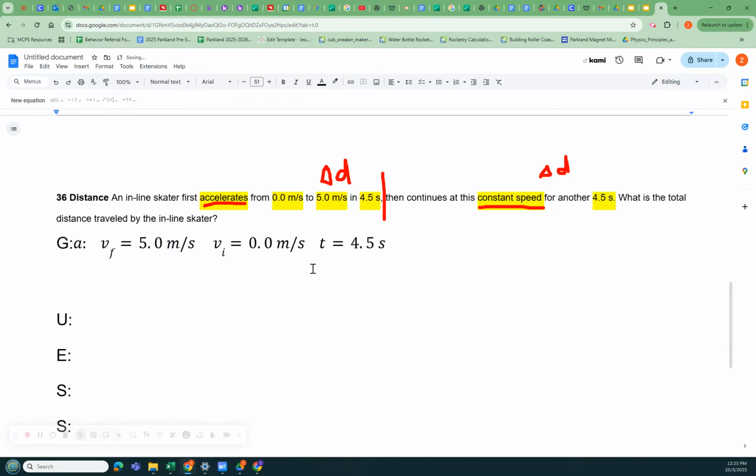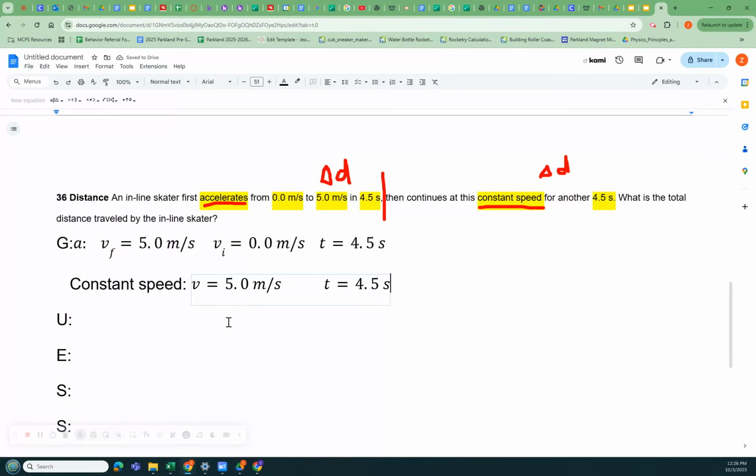So for the part with constant speed, assuming we're going to continue from the first part, this final velocity is the constant velocity here. So v equals 5.0 meters per second, and t is another 4.5 seconds.